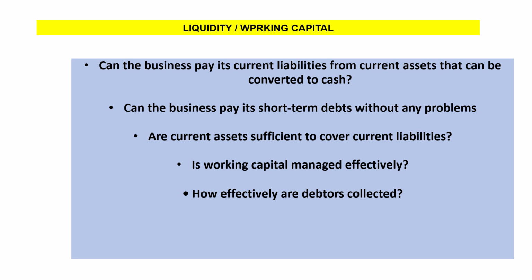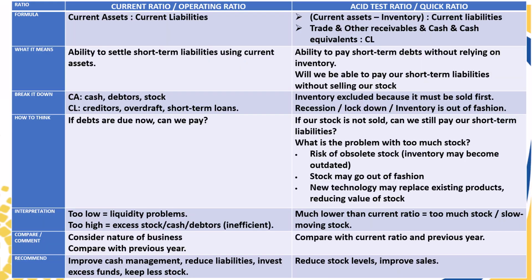I don't know if you can remember in COVID. In COVID, this was a problem. Businesses had a lot of buildings, vehicles, cars, tractors, land, but they struggled to pay the current liabilities because they couldn't sell their stock.